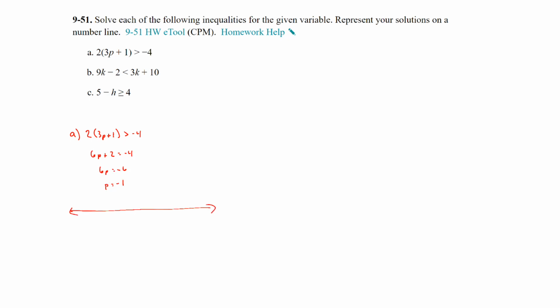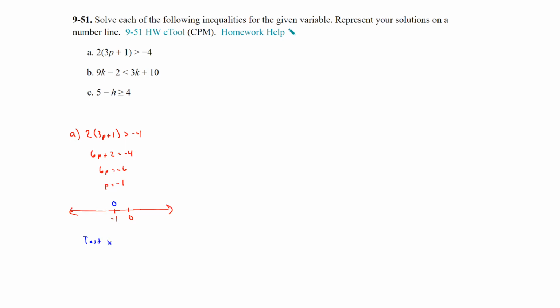So that's our boundary point. On my number line, we have 0 and then negative 1 is here. We know it's an open circle because it's not included, it's not equal to, it's just greater than negative 4. And then we have to figure out, are we talking about values less than negative 1 or greater than negative 1?